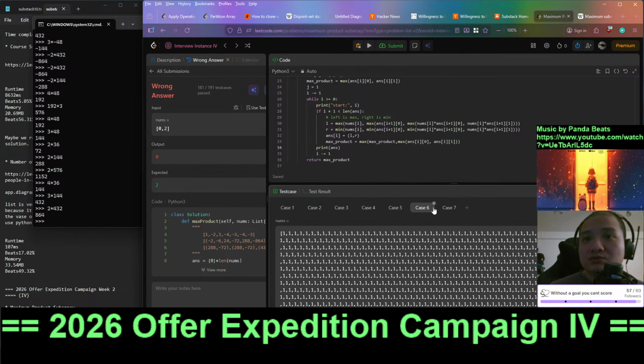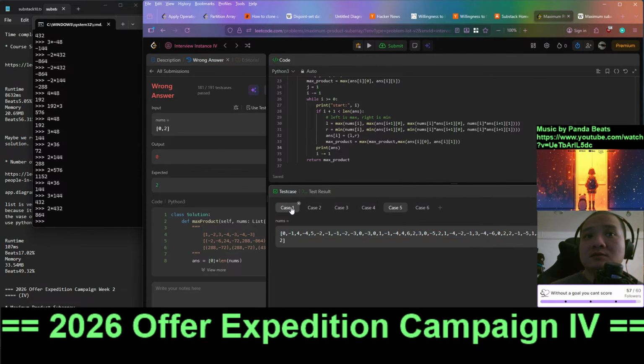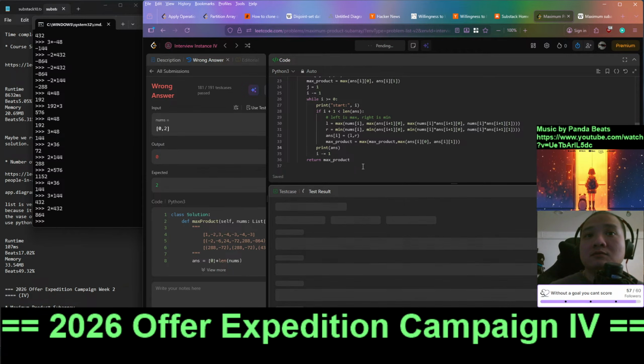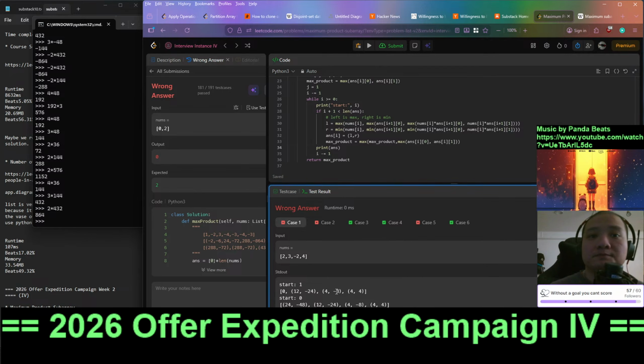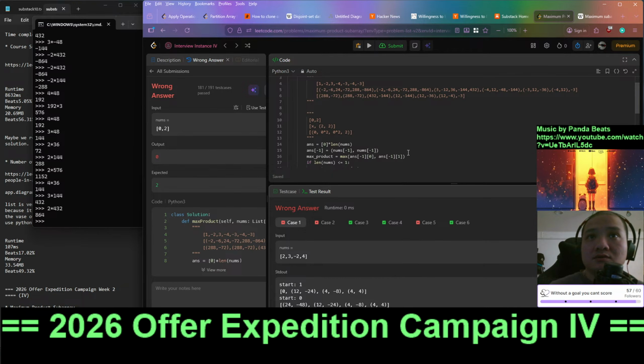We have to copy this test case out and delete that because it's too big. Okay, so we start at 2 3 negative 2 4.